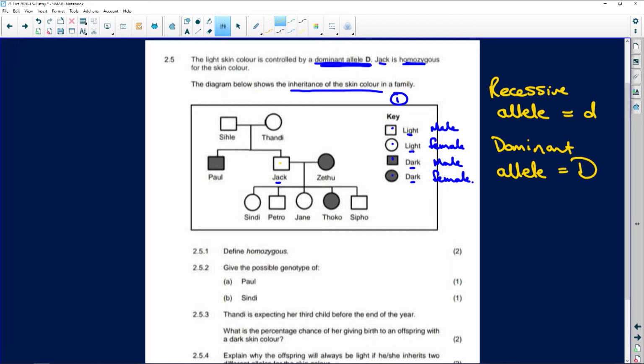He is a clear square. So with the clear square, remember that it's dominant.